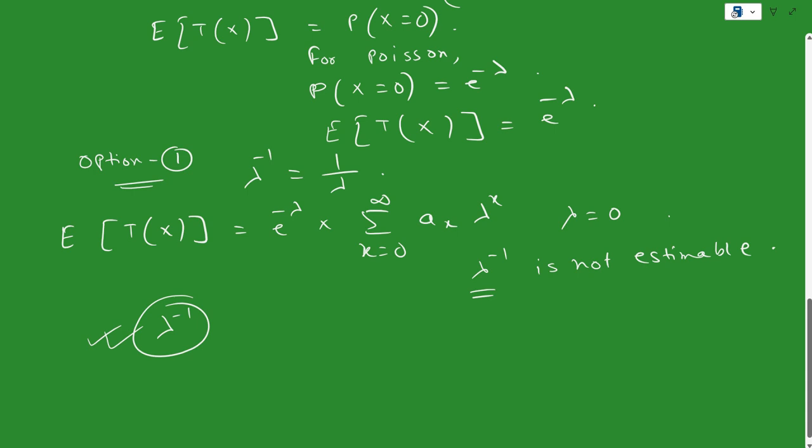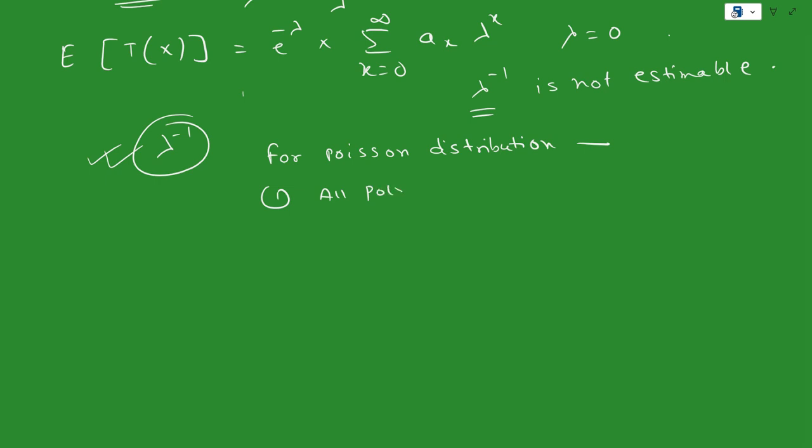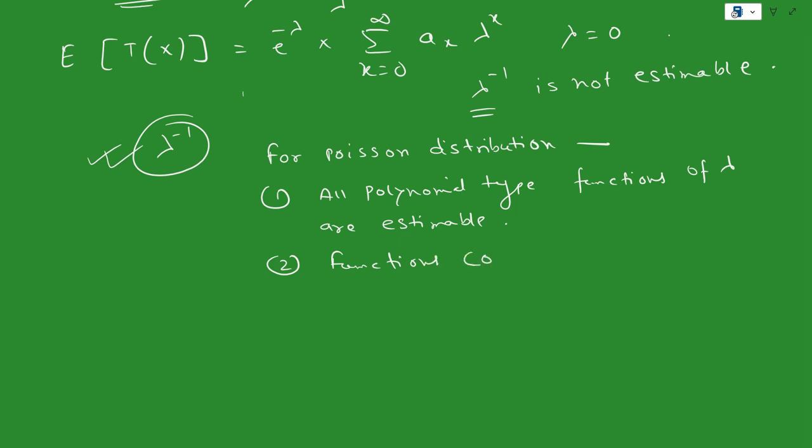Now, for the Poisson distribution, all polynomial type functions of lambda are estimable, and functions connected to Poisson probabilities like e to the power minus lambda are also estimable.